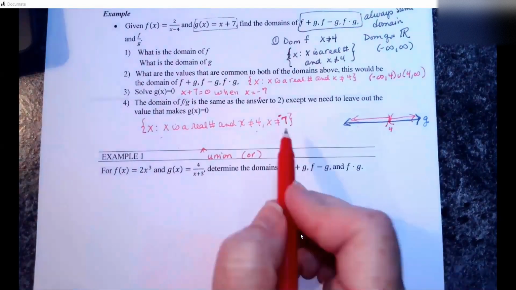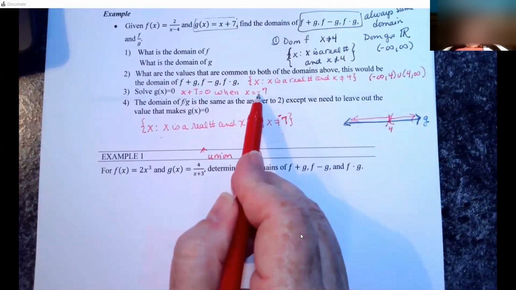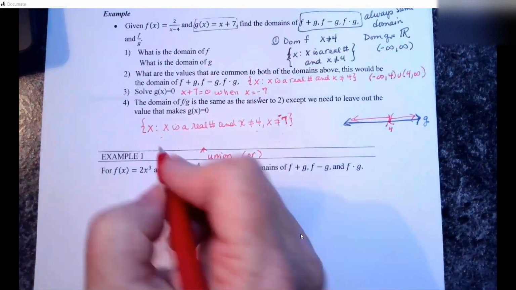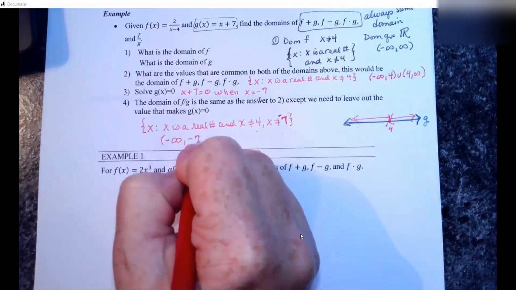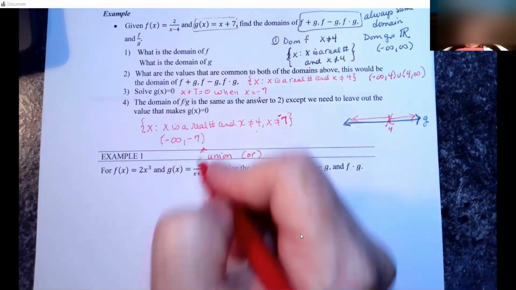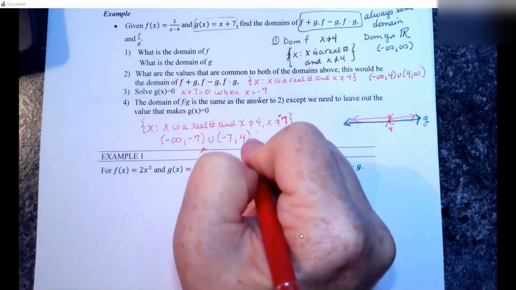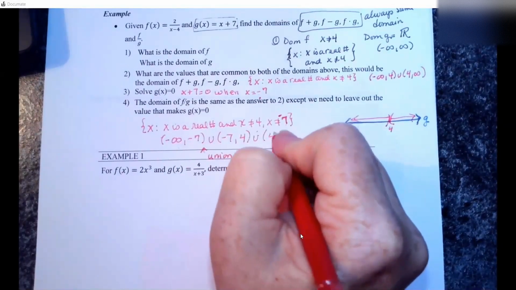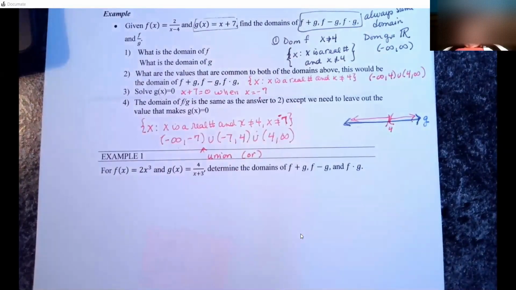So if we're going to leave out negative 7, as it clearly says right there, and then I just lost my negative sign, we're going to go from negative infinity to negative 7, negative 7 to 4, and 4 to positive infinity. Okay.